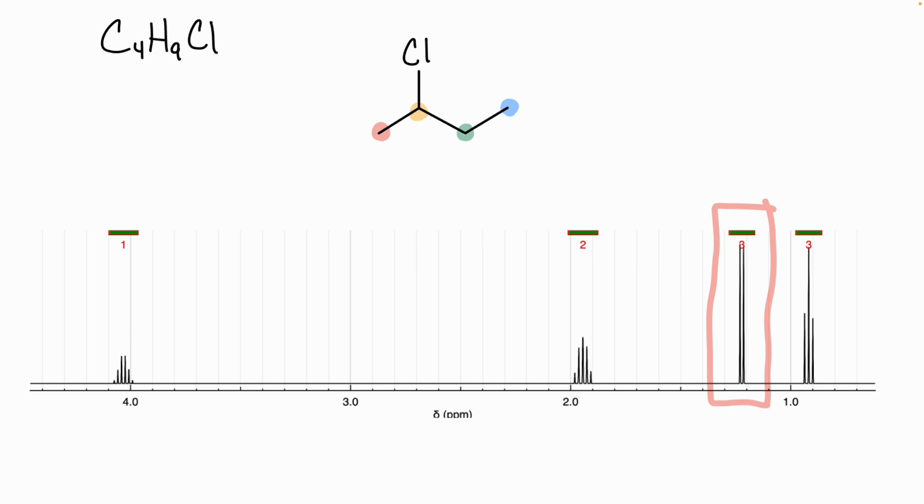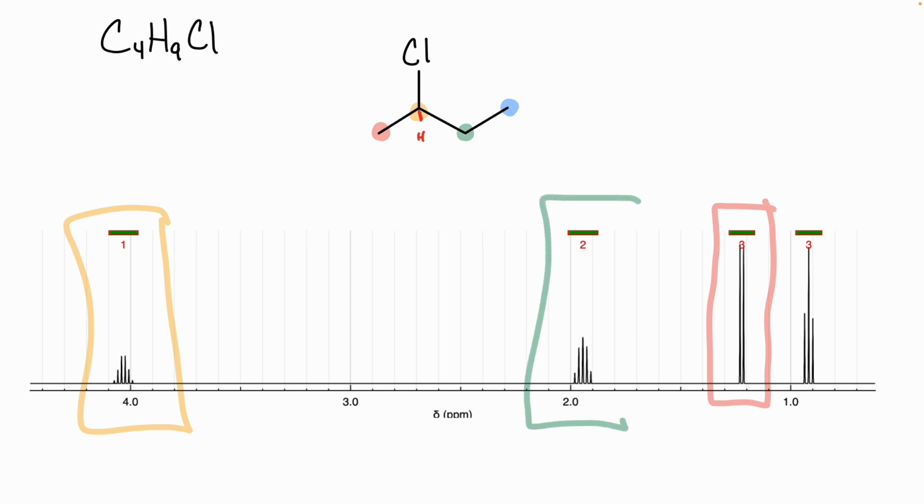And where does that 1 live? In our orange group here. And so you could kind of go down the line. This must correspond to our orange carbon. This must correspond to the green carbon. And this must correspond to the blue. Both the multiplicity information and the integration information point you in that direction.